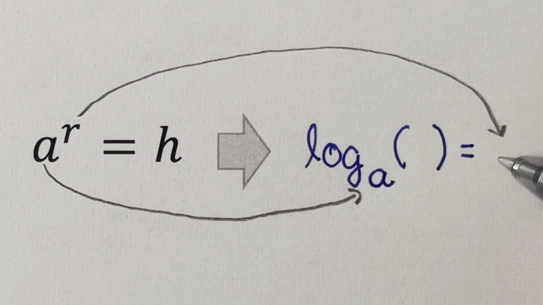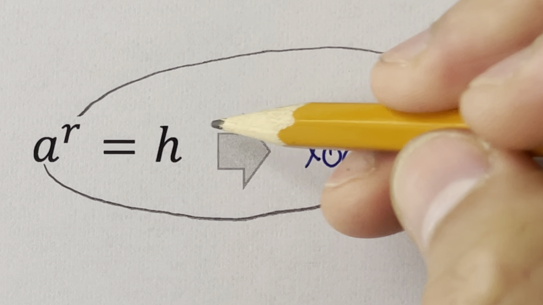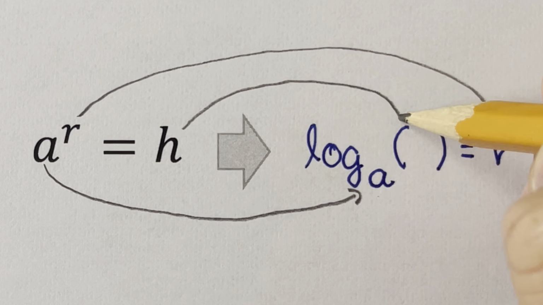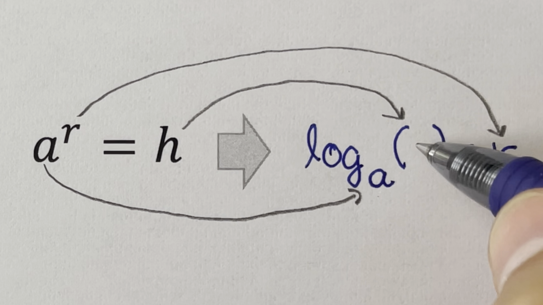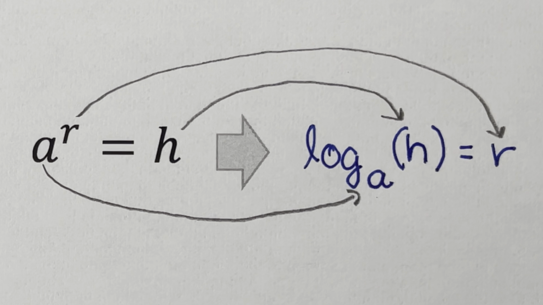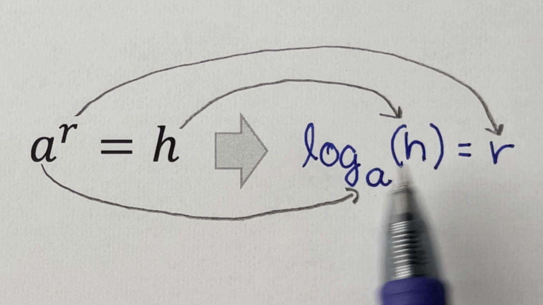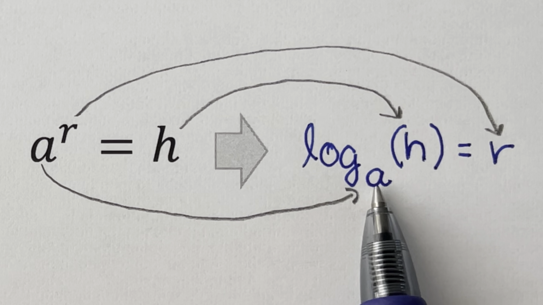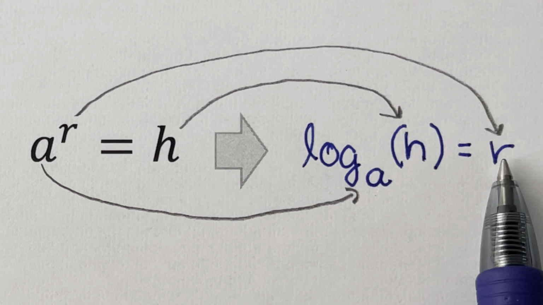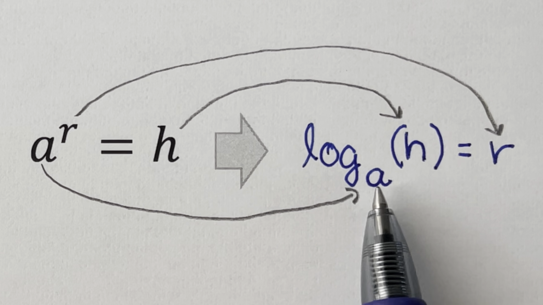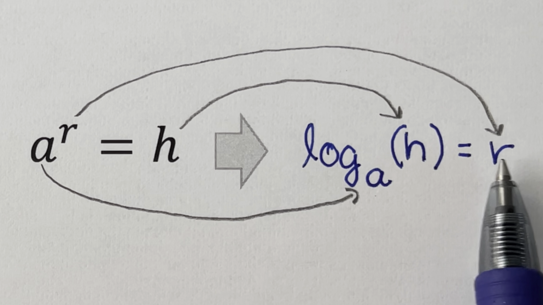So that is where the r is going to sit. And this h will become the argument of the logarithmic expression. So this is where the h is going to sit. And so again, this is read as log of h to the base a equals r. Or the other way to read this is log base a of h equals r.